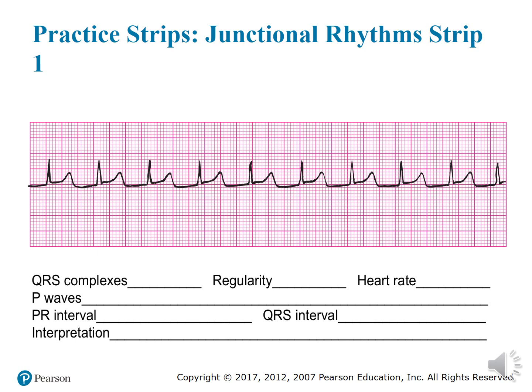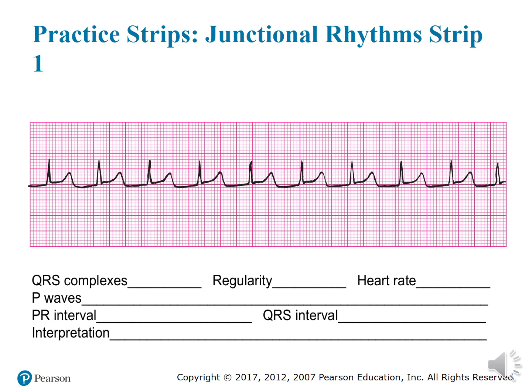Are they wide? Are they narrow? Do they look the same? So looking at this rhythm, for the most part, these QRSs are uniformly shaped, meaning they all pretty much look the same straight across.